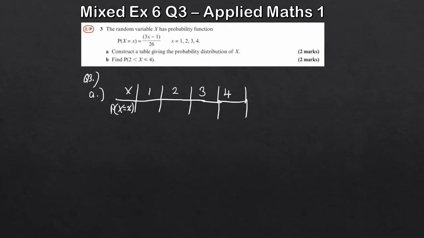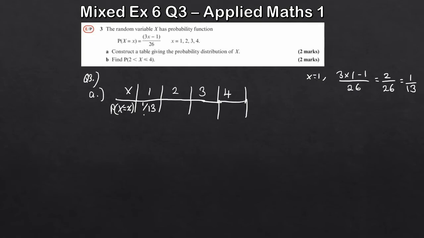So if x is 1, for example, what do we get? Well, that's 3 times 1 minus 1 divided by 26. So 3 minus 1, so that's 2 over 26. So 1 over 13 there. Okay, so that'd be my first value.